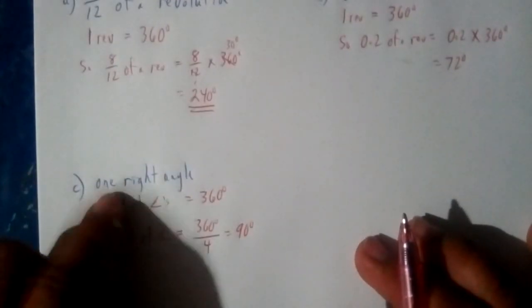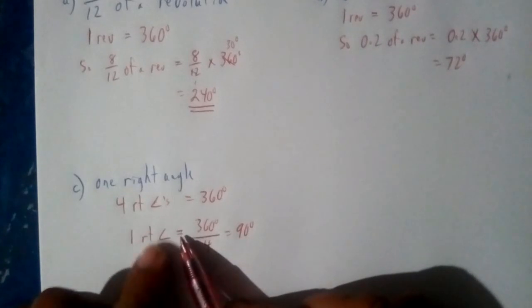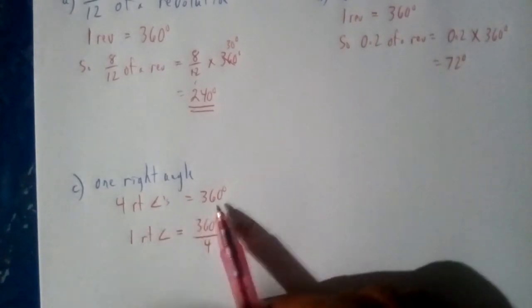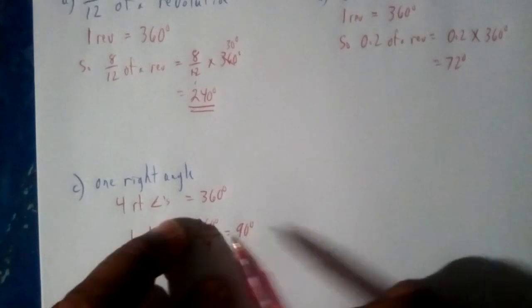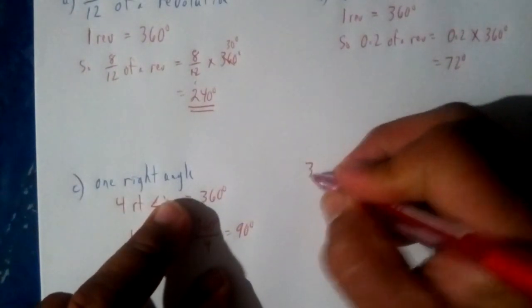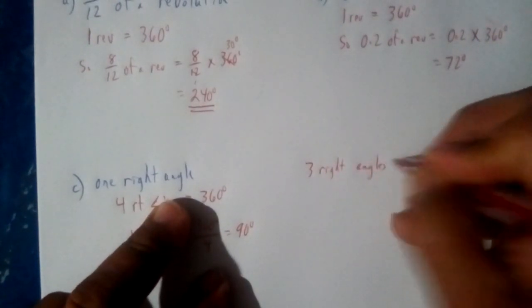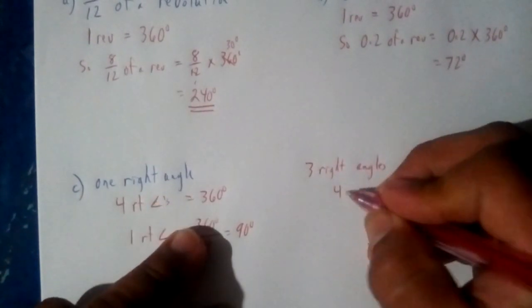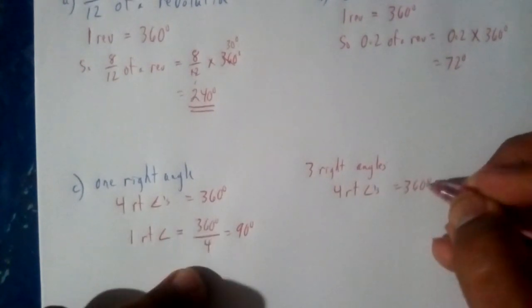Let me break this down a little bit more so you can see where the 1 is. We all know that one complete revolution has 360 degrees. If we talk of 3 right angles, I'm going to use that as an example. 4 right angles is equal to 360 degrees.